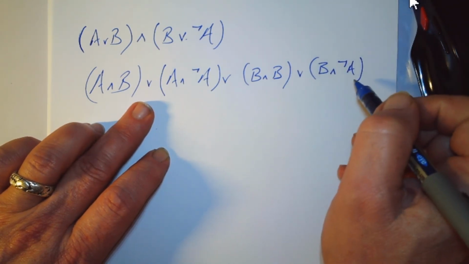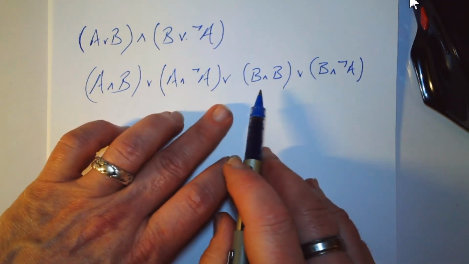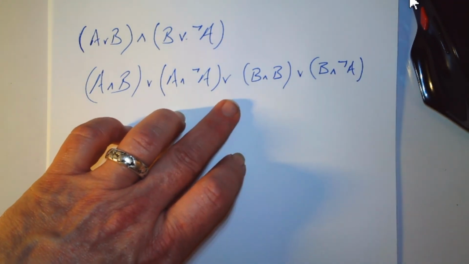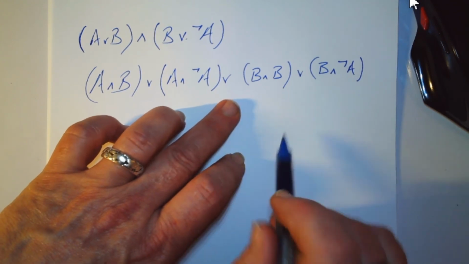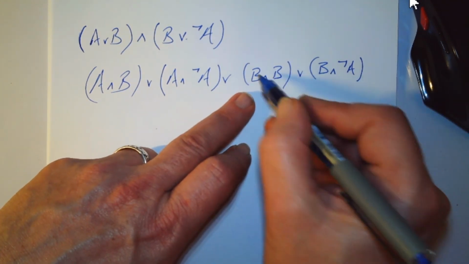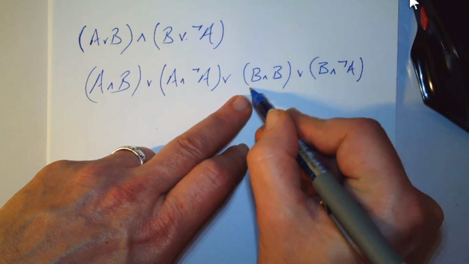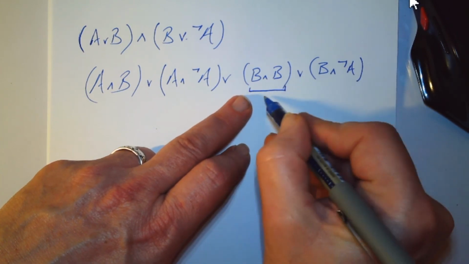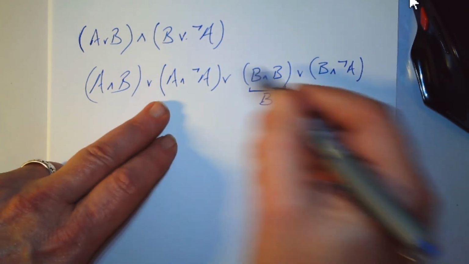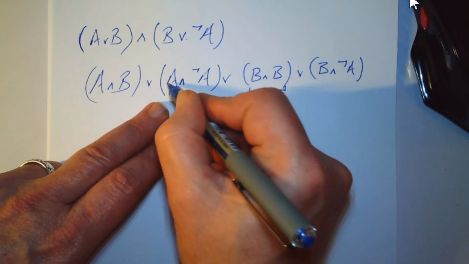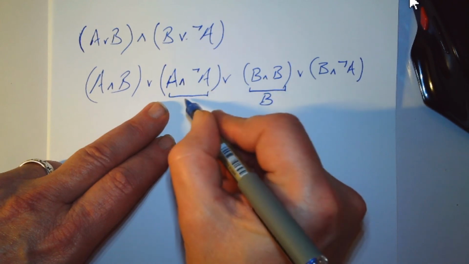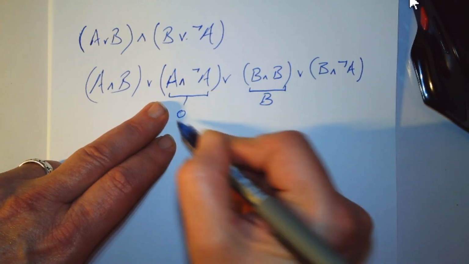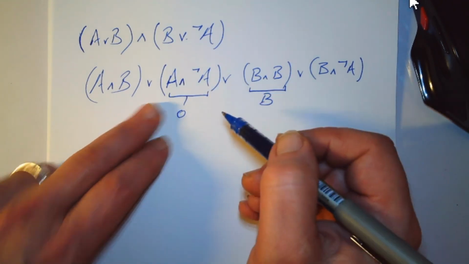Now we've got examples where we can apply our general logic rules, our AND and our OR if we need to. Where we've got b ANDed with b, that is going to give us just a single b. And where we've got a ANDed with not a, that's going to give us 0. That's one of our 4 AND logic rules.